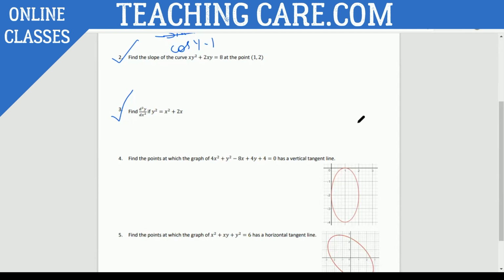So I got y over x minus 1. Getting y squared minus (x plus 1) squared divided by y cubed. But why is it y squared though?